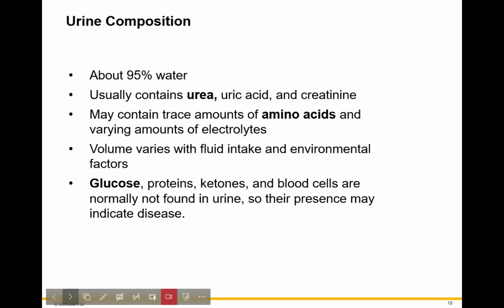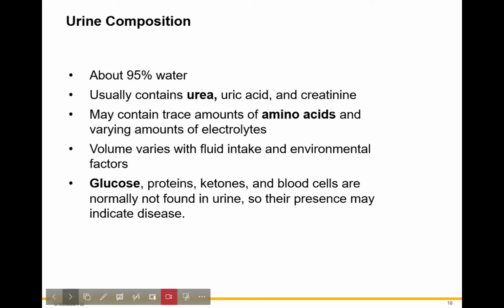You should not have any glucose, proteins, ketones. Ketones are metabolic products of fat metabolism. Or blood cells. They should not be found in urine, and their presence may indicate disease. Like I mentioned previously, glucose found in urine is indicative of diabetes, diabetes mellitus, full name.